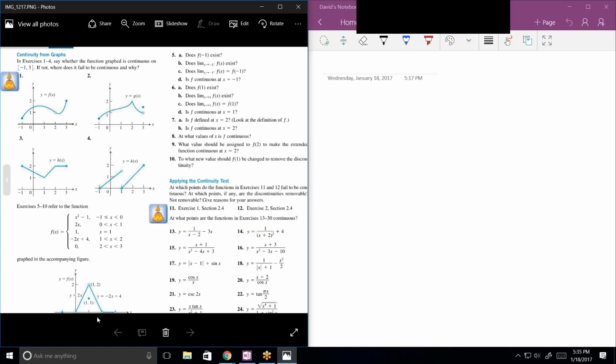Can you quickly send me another picture that shows the whole curve? Yes, one moment. Okay. It's hard to do these problems if you can't see the whole thing, especially when the very first question says, does f of minus 1 exist? And it's not there. I can't see where minus 1 is on the y-axis.